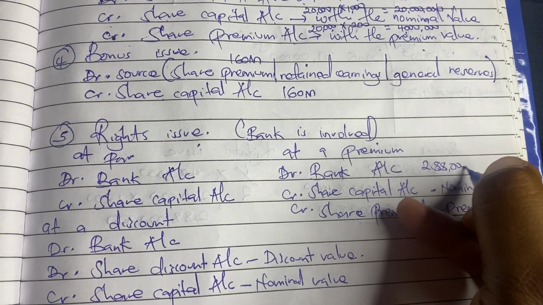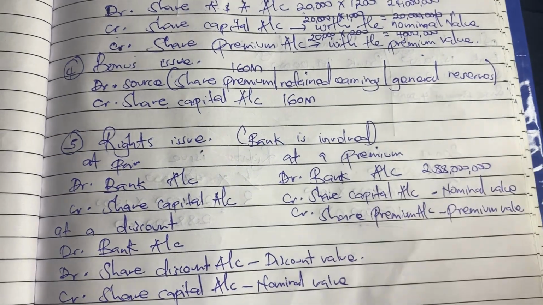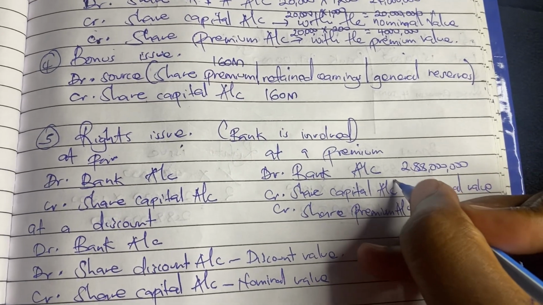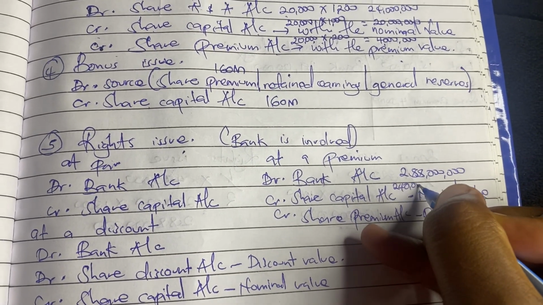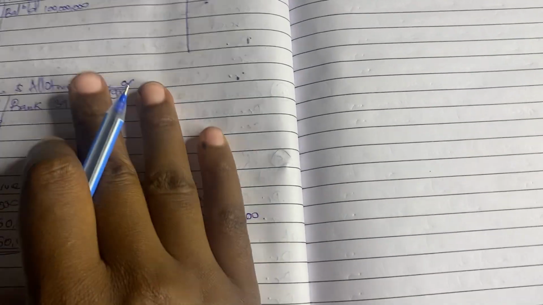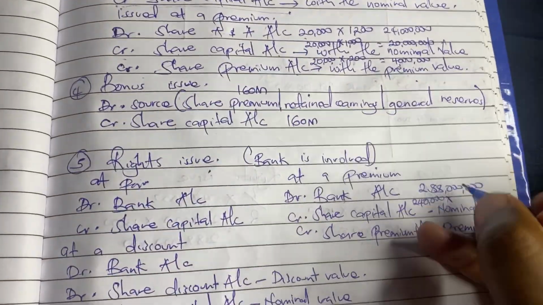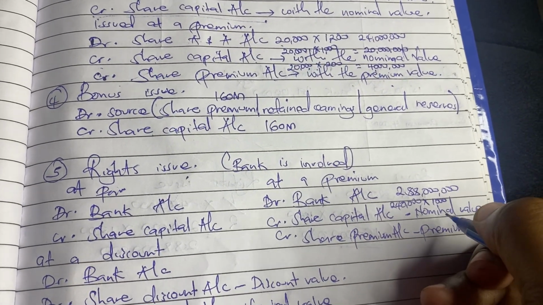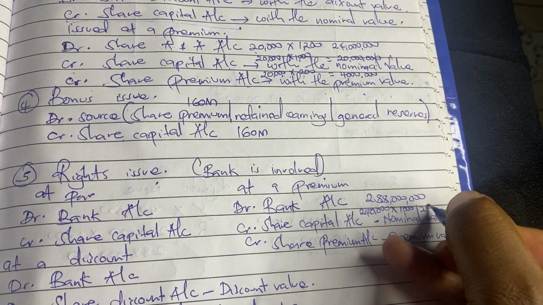288 million. Then we credit share capital with a nominal value, meaning we are going to get those shares of 240 times, we get these times 1,000, which is the nominal value. So times 1,000. It gives us 240M.